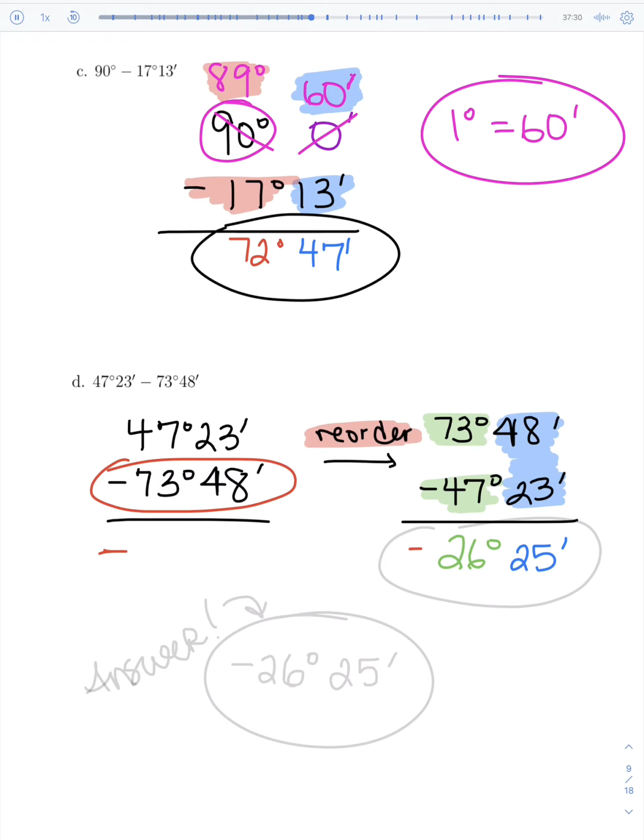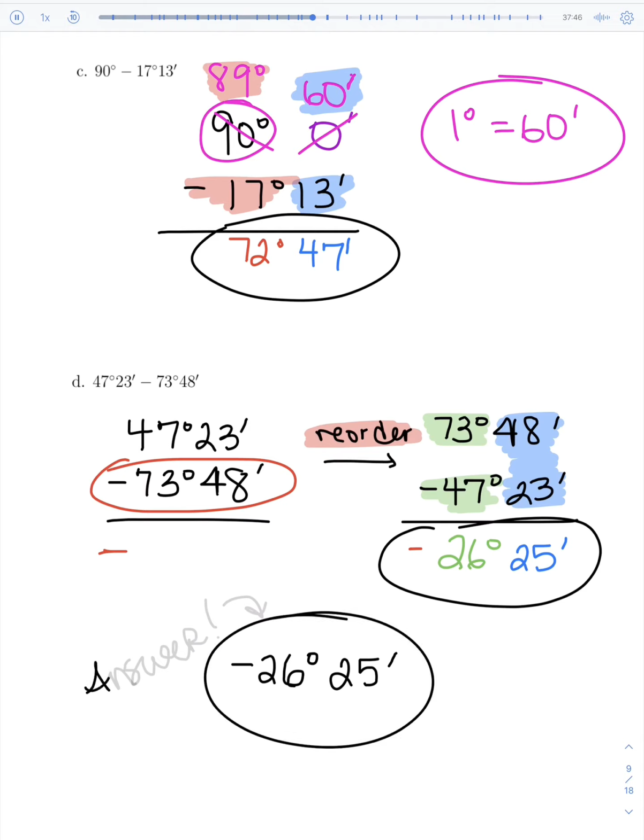But I do, again, know that my answer is going to be a negative angle because the bigger number was the one that we were subtracting. So I'm going to get the same answer, just a negative 26 degrees and 25 minutes. And that's going to be my final answer.